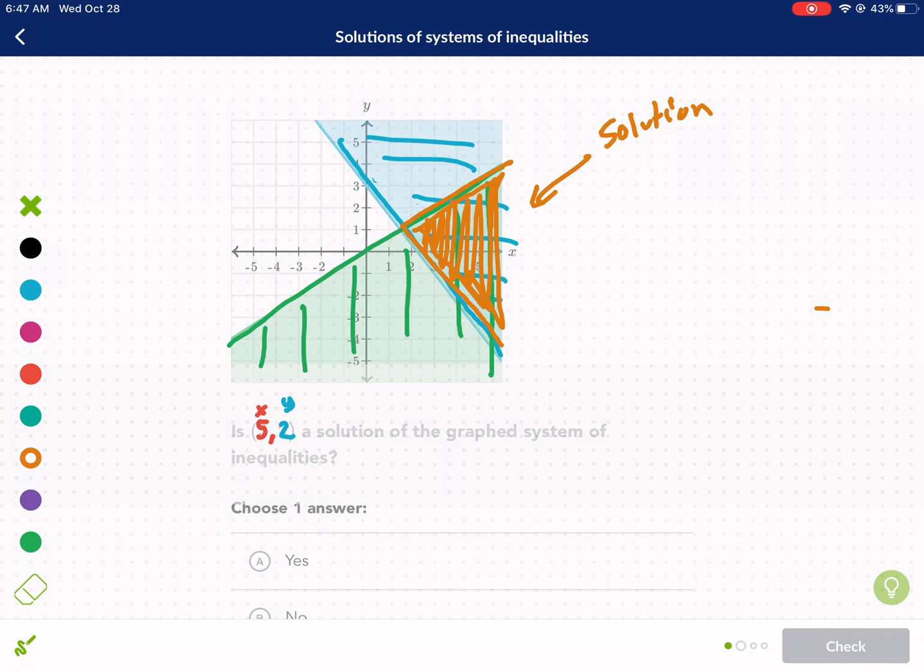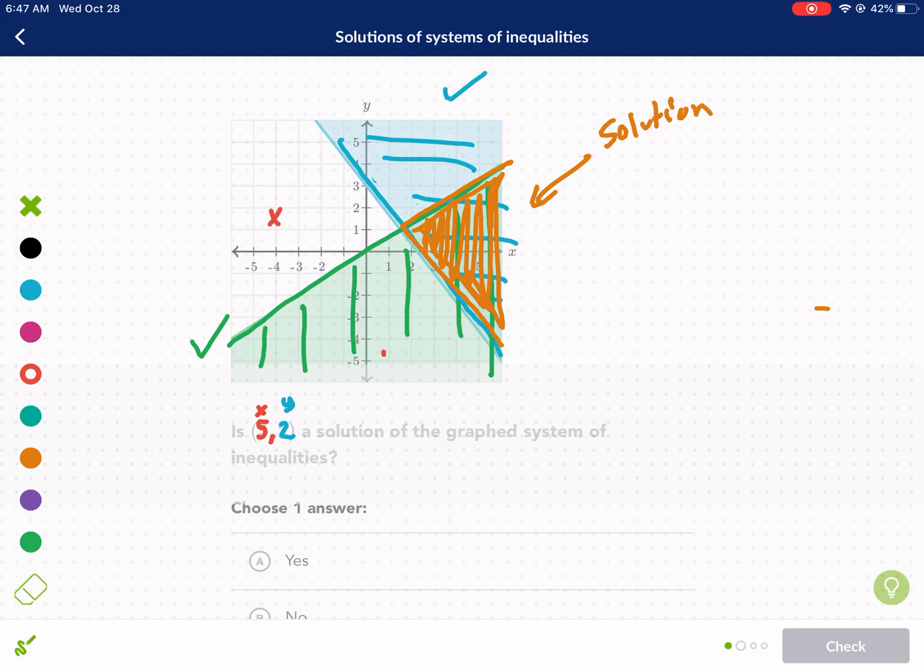Now, if we're talking about if (5, 2) is a solution, that means it satisfies both the green inequality and the blue inequality to be in the solution area. If it's outside the overlap, then it's not a solution. So here would not be a solution.